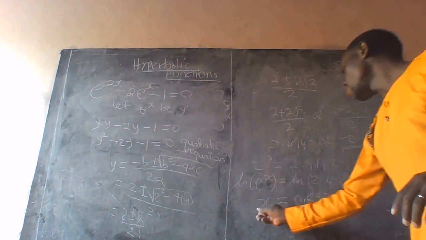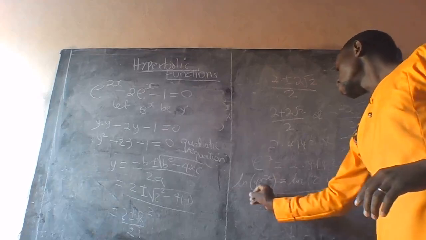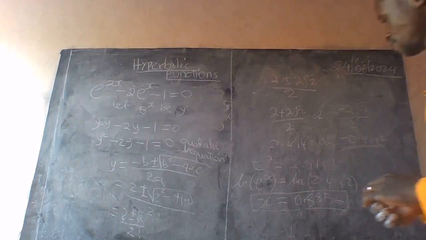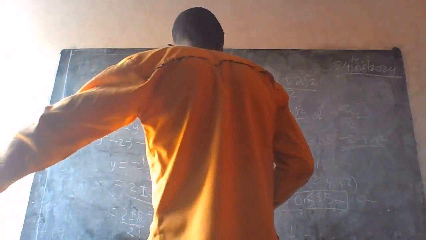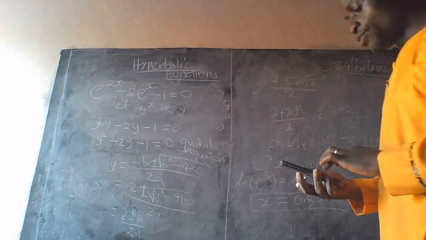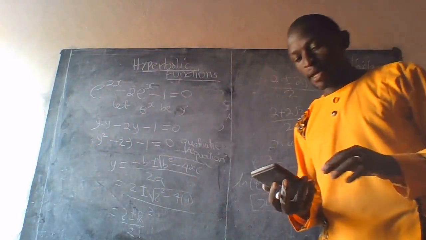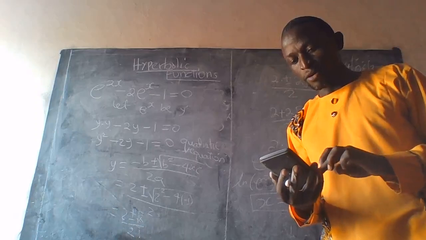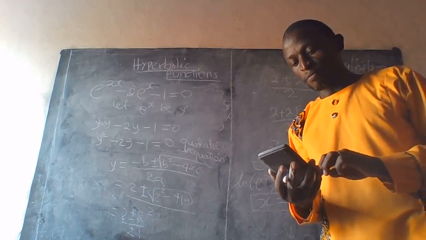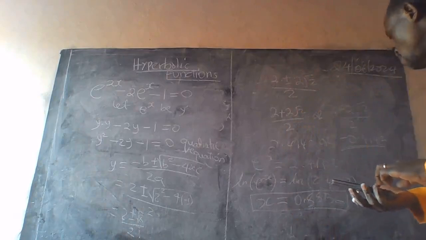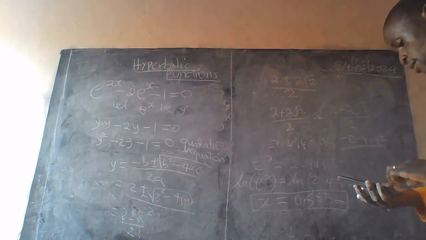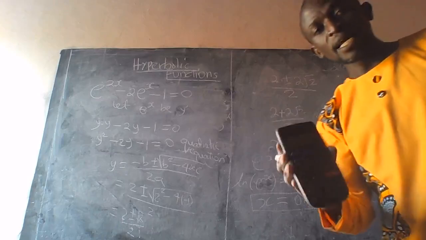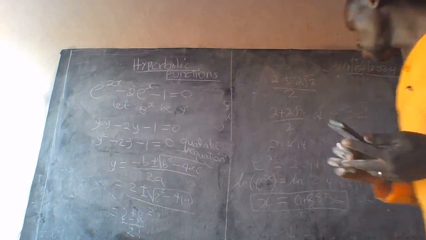So we have the value of X as 0.88136, and sure enough you can prove that by going to the hyperbolic functions, picking sinh, and writing 0.88136, putting an equal sign, and it gives you 0.999, which gives us 1.